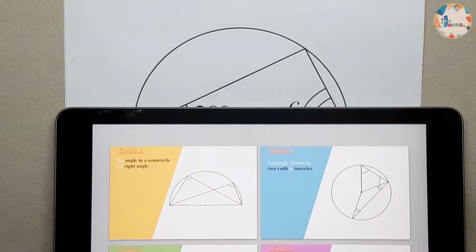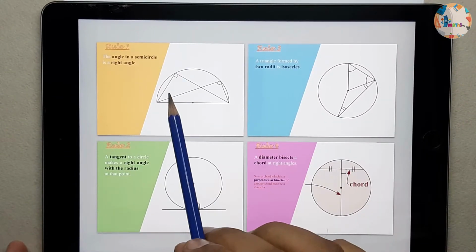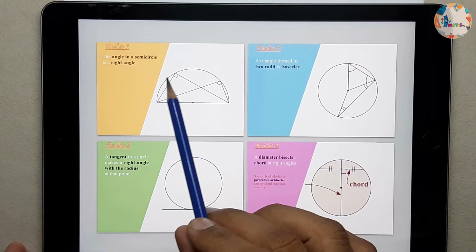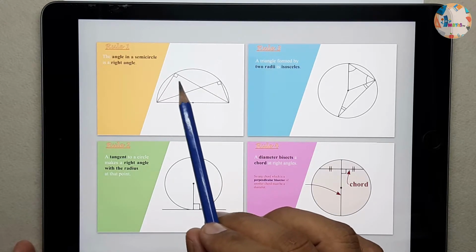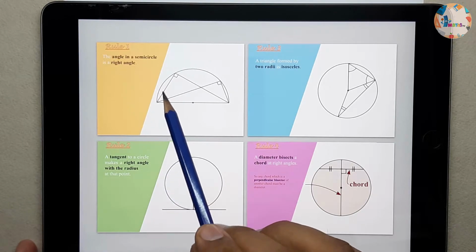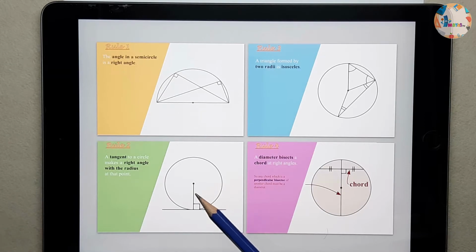So if we see rule number 1, this is a semicircle, this is the diameter, and this is a triangle, and by this rule, a triangle in a semicircle is a right angle. The second rule is about tangent, and there is no point of implementation of this rule because there is no tangent, so you will be ruling it out mentally.